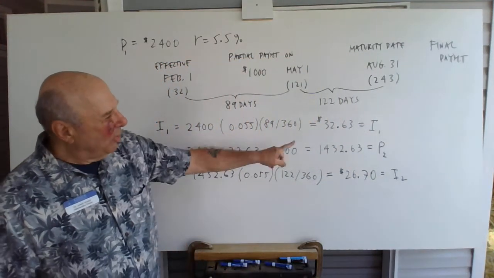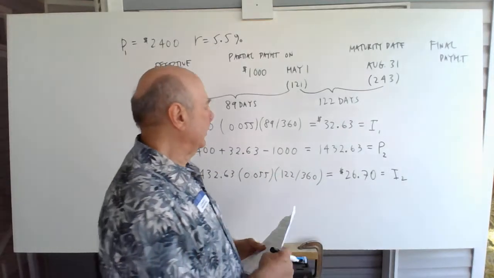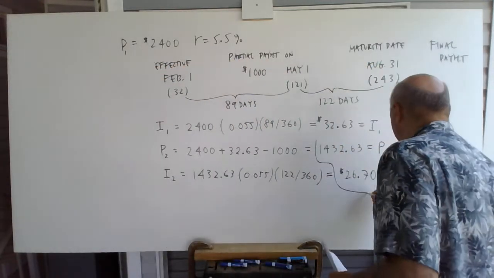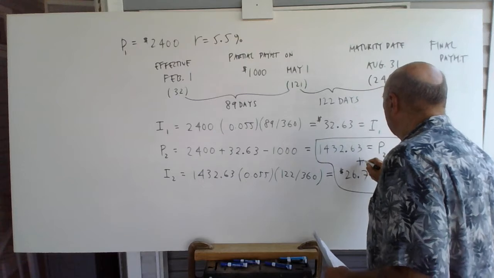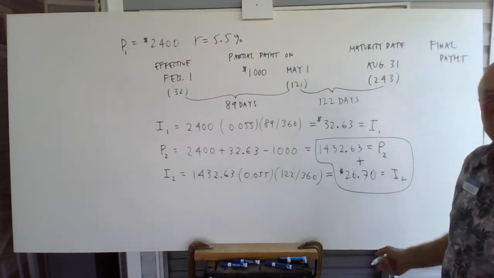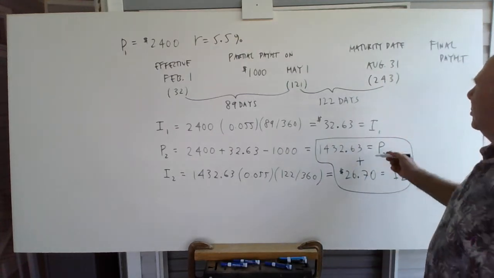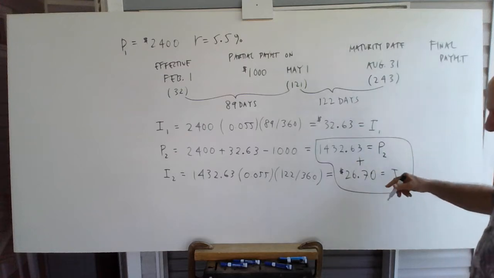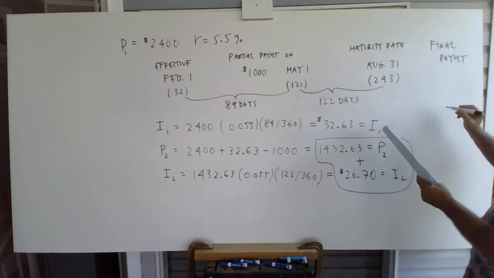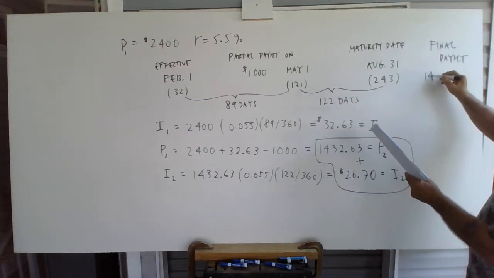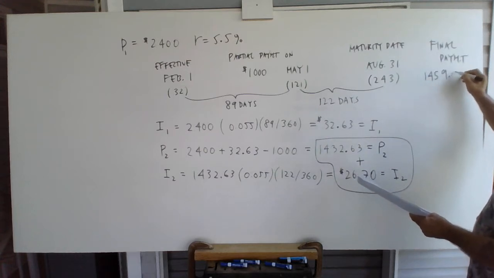If I add those two numbers, that's what my final payment is. Remember, principal plus interest equals future value. So my final payment will be the sum of those two, and when you add them up, you get $1,459.33.